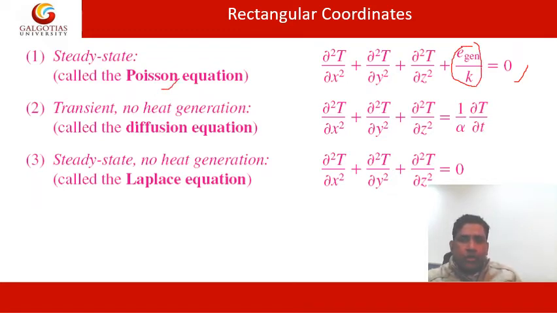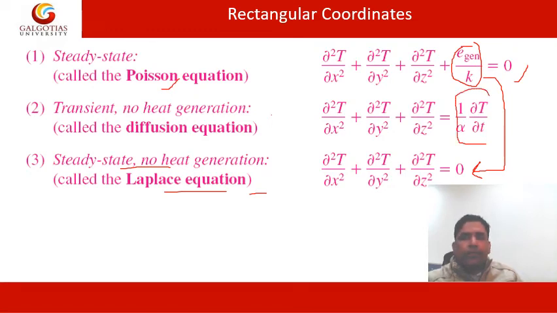When we remove the heat generation part and simply consider the steady state without any heat generation, this equation transforms into the Laplace equation.